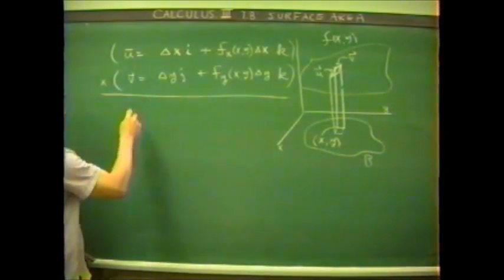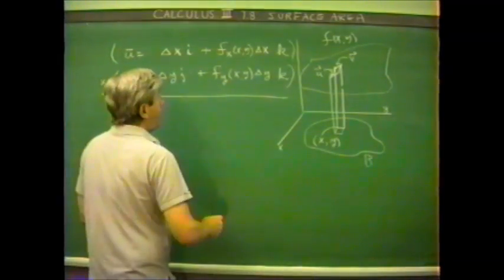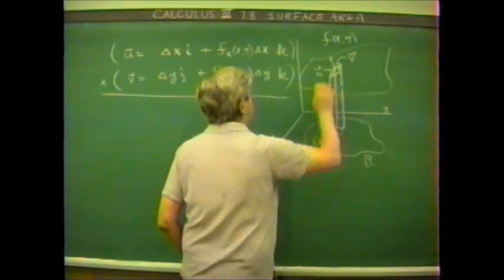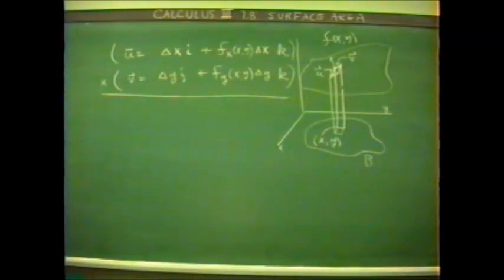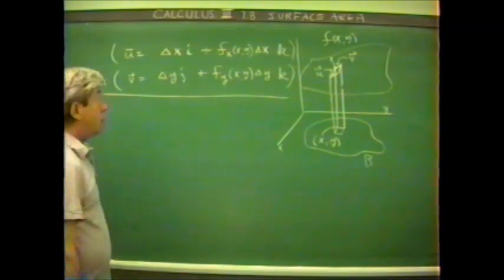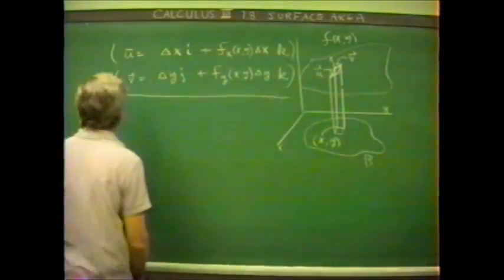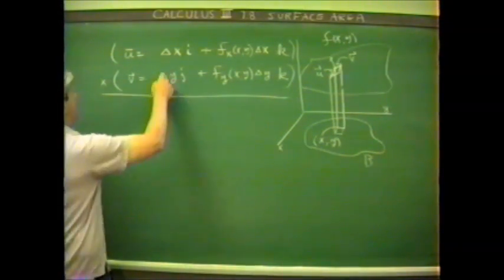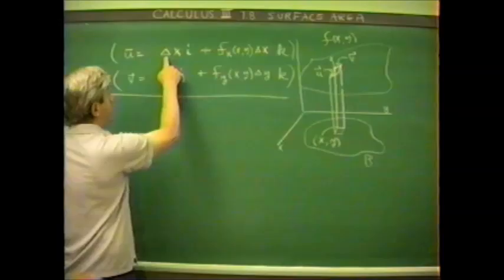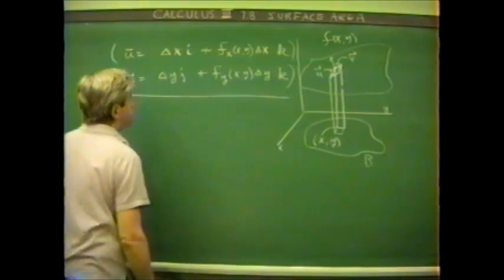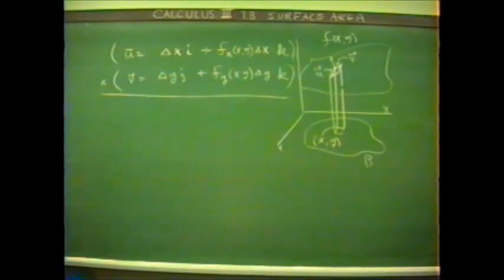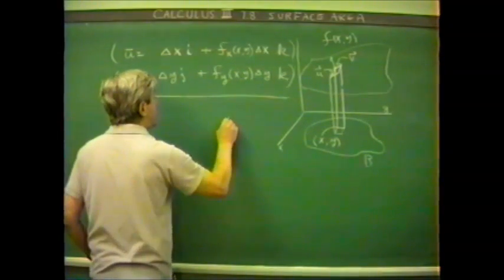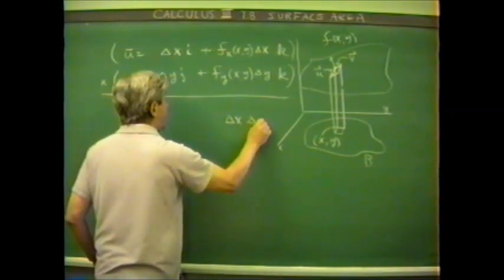It's a parallelogram up there, because this cross product is also going to be a normal vector to the surface of f of x and y. Right? So we want to remember what this vector is. Well, what is it? Let's take the cross product. We've got i cross k, and in each case here we're going to have delta x times delta y, so let's factor the delta x, delta y out.